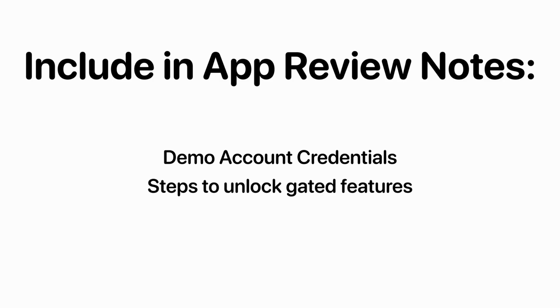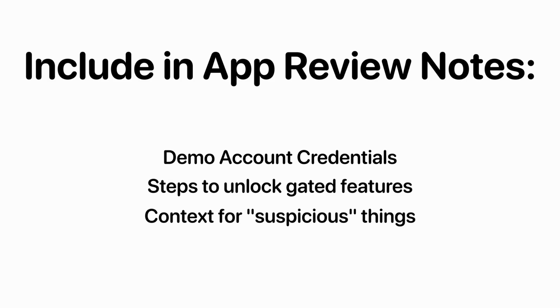I always include the demo account, email and password clearly labeled, and how to enter them into the app. Steps to unlock any gated functionality, like anything that is gated behind an in-app purchase, and context for anything that could look suspicious but isn't. So background location updates, a web view, stuff like that.